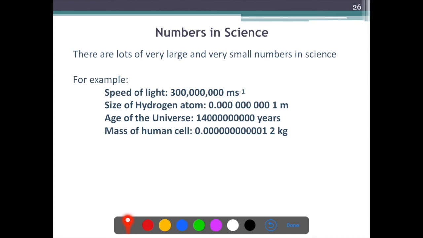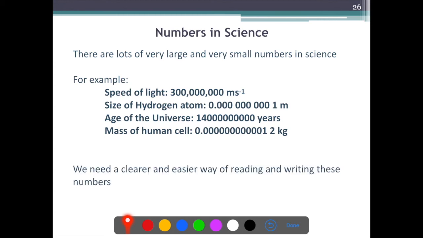And you can see here that if you're dealing with these very big and very small numbers, it can get quite tiring and confusing writing all of these zeros. And so we need a clearer and easier way of reading and writing these very large and very small numbers.